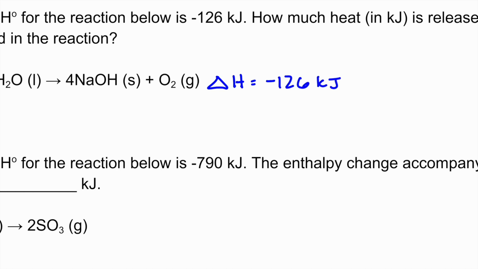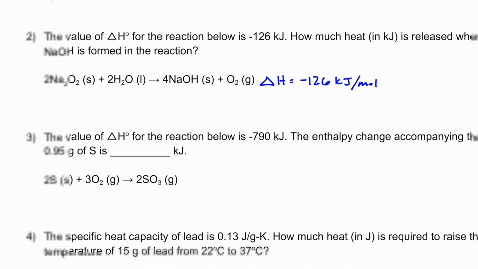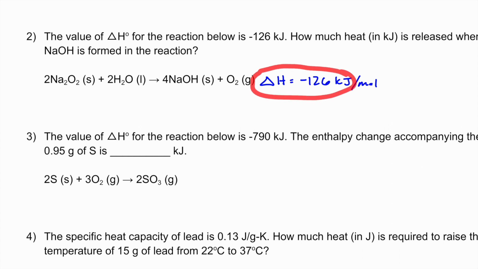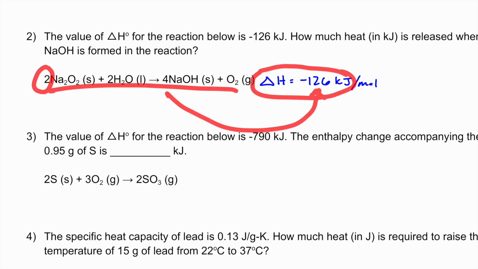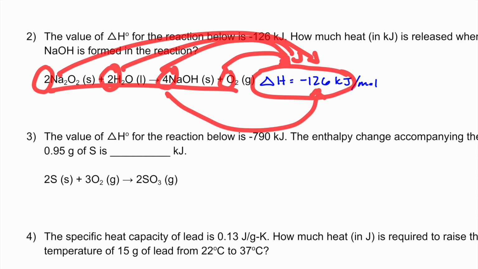Secondly, what this really is saying is per mole of this reaction. So for every time this reaction occurs, it makes that much heat. So that links to 2 of these, and 2 of those, and 4 of these, and 1 of these. Every one of these links to this amount.